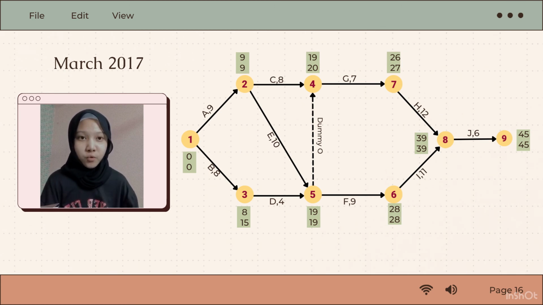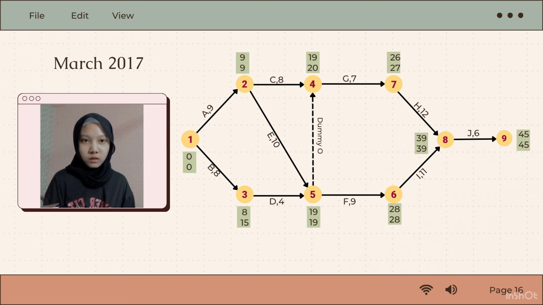For number 4, we have only one tail, so 27 minus 7 equal to 20. And for number 5, we have 2 tails, which come from number 4 and number 6. So 20 minus 0 equal to 20, and 28 minus 9 equal to 19. So we need to take the lowest number for LET, which is 19.